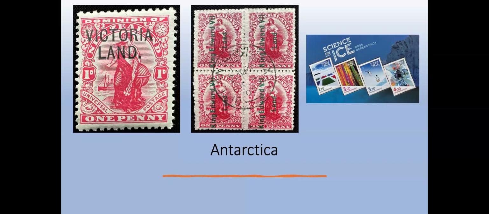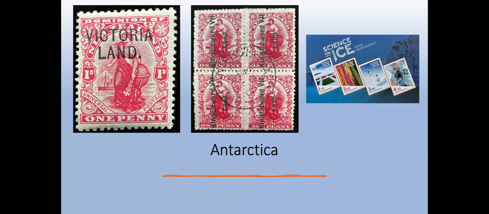Antarctica in 1908, Shackleton's expedition to King Edward VII Land in Antarctica, they used New Zealand stamps. They overprinted New Zealand stamps, and they were used by expedition members.